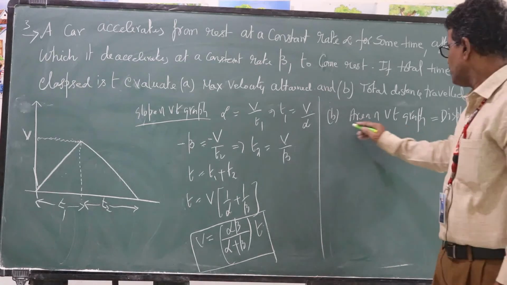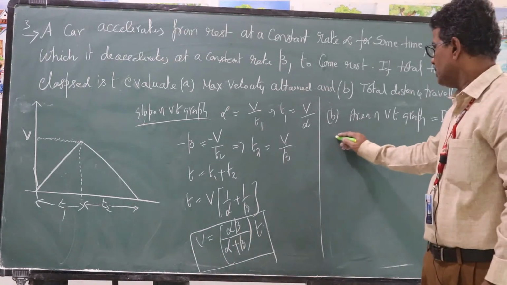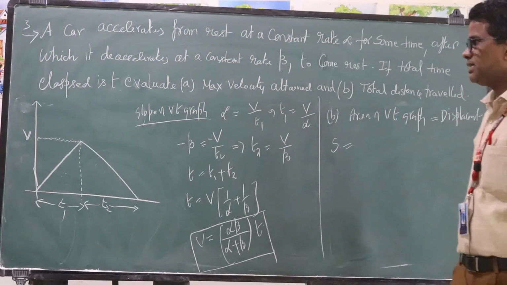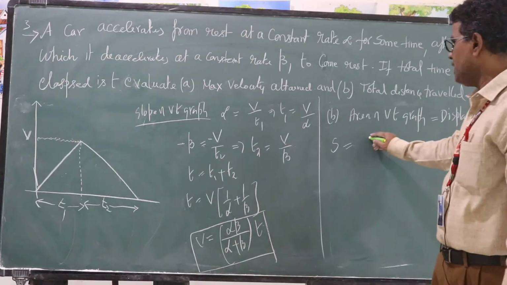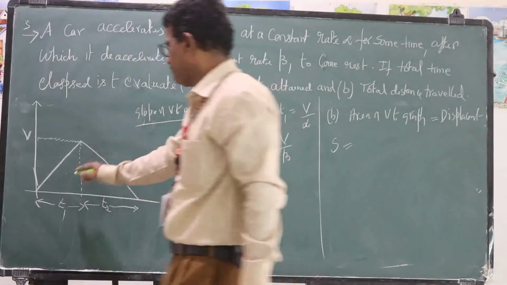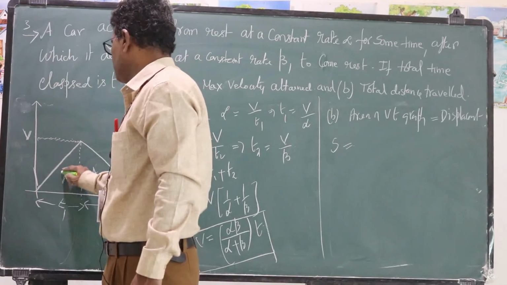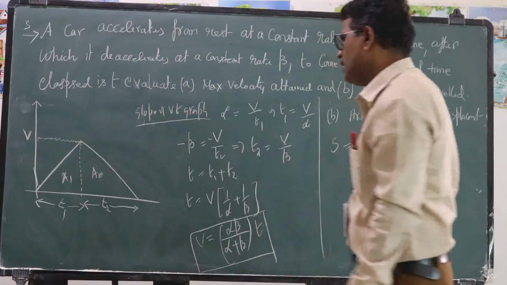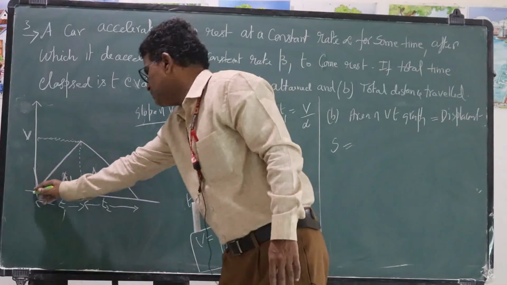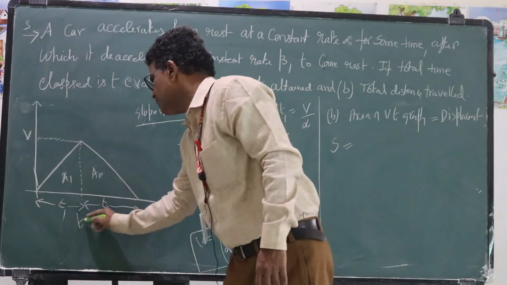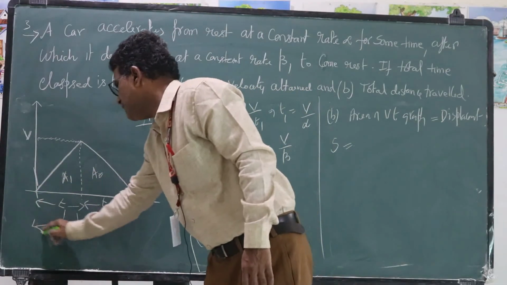So S is equal to the total displacement, which is the area, A1 plus A2. The total time is t, so the area is half into base into height.